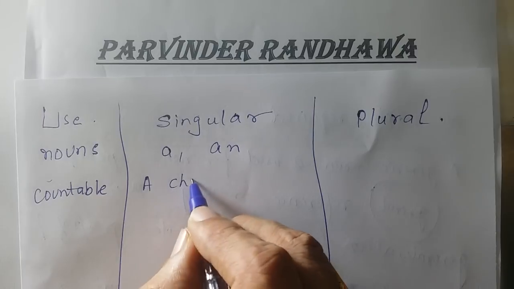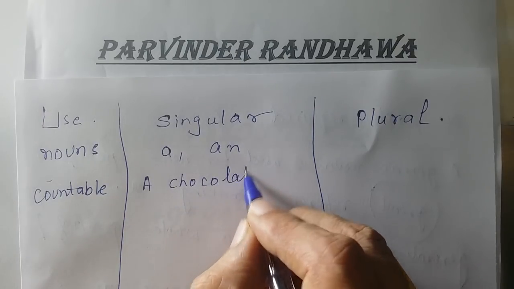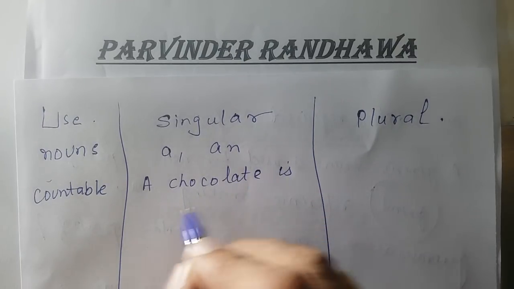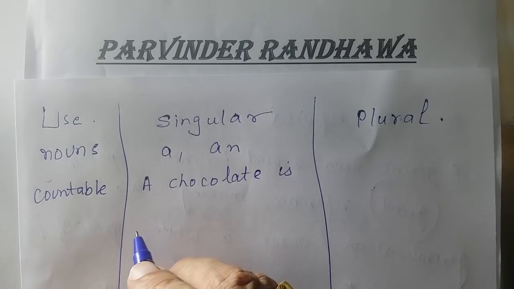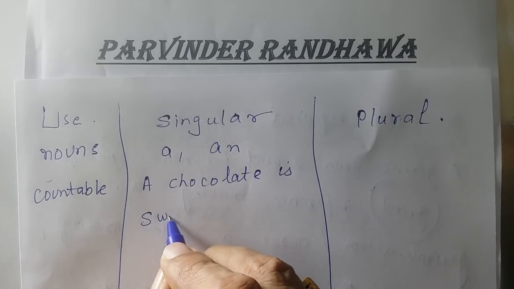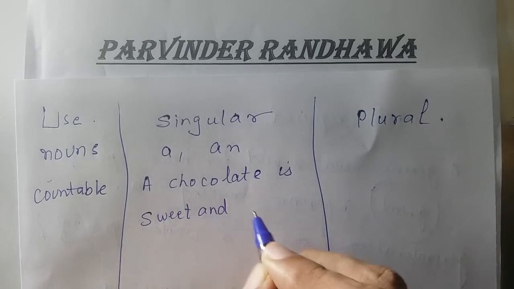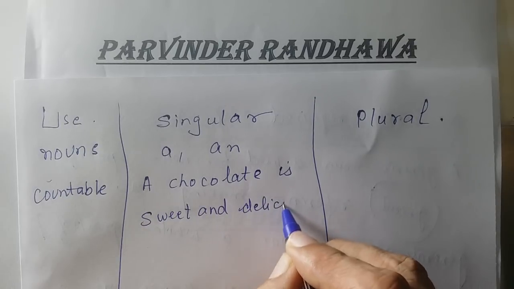For example, a chocolate is sweet and delicious.